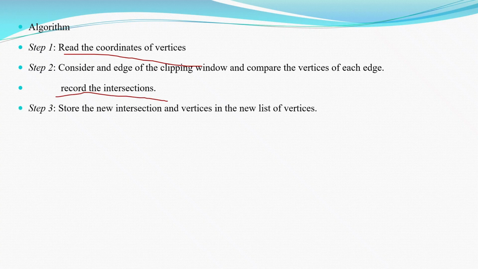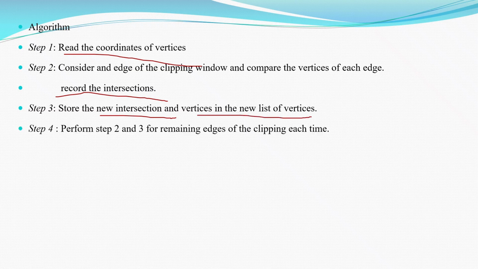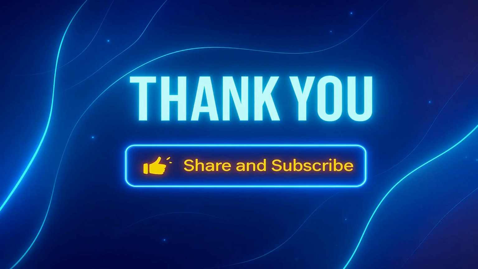Step 3, store the new intersection and the vertices in the new list of vertices. Fourth step, perform steps 2 and 3 for right, left, top, bottom, so repeat steps 2 and 3 for the remaining edges and clip each time. Finally we get the output and finish this.